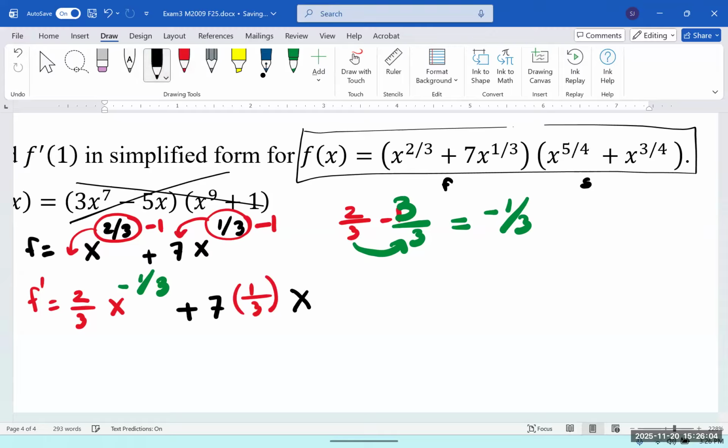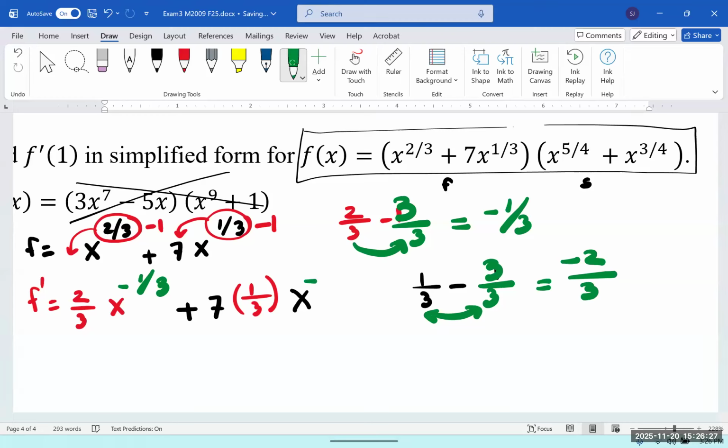So x to the 1/3 minus 1. Again, this 1 you can rewrite as 3 over 3, because we want the same denominator. So it's 1 minus 3, which is negative 2 over 3. So this is x to the negative 2/3.